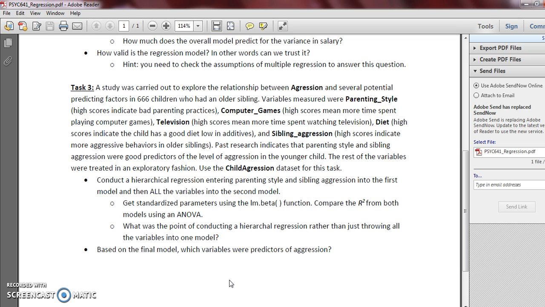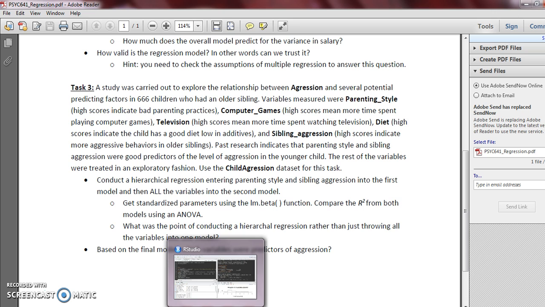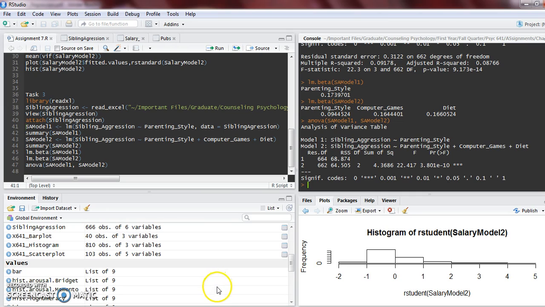So that's that. Based on the final model, which variables are predictors of aggression? Basically, parenting styles for sure is a predictor of aggression.